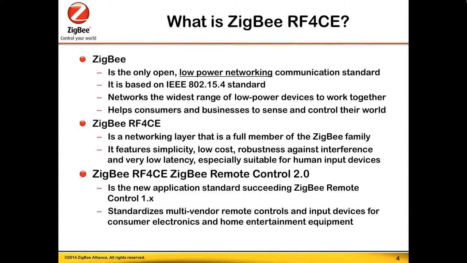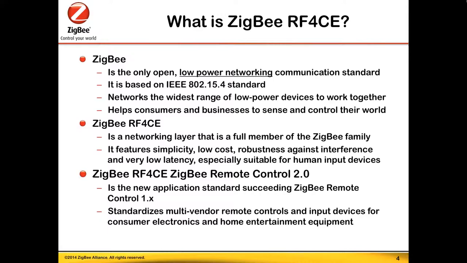Actually, it's the only one based on IEEE 802.15.4, which is an open worldwide standard for data communications in the 2.4 gigahertz frequency band, one worldwide frequency band. It's a standard that connects the widest range of low-power devices in networks, and by doing so, it helps consumers and businesses to control the world.